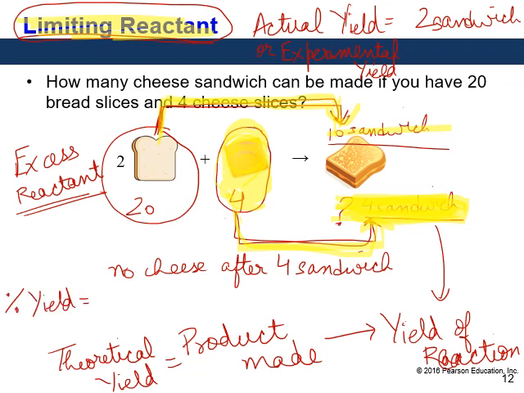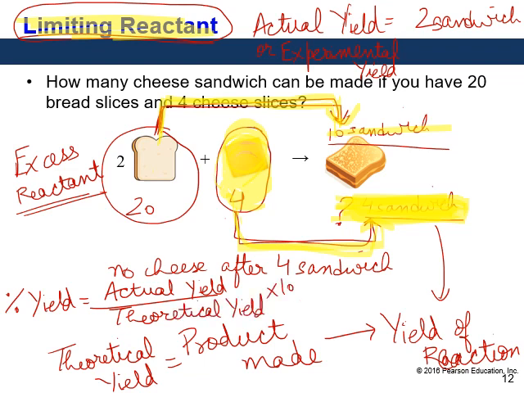Percent yield has a formula, which is actual yield over theoretical yield times 100. Okay, so this is the formula for percent yield. Actual yield over theoretical yield times 100. What is actual yield?